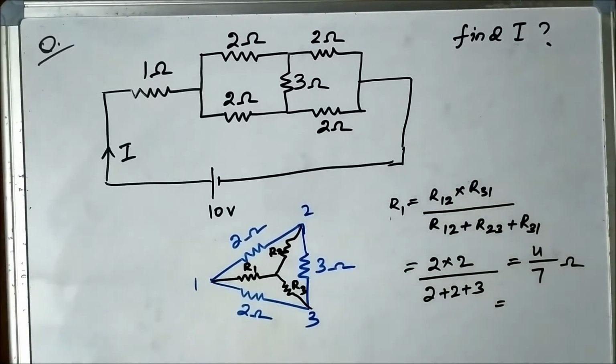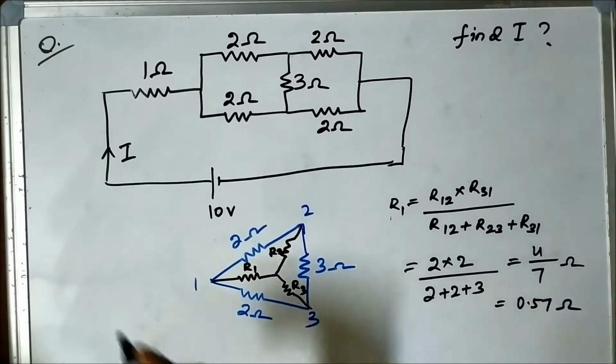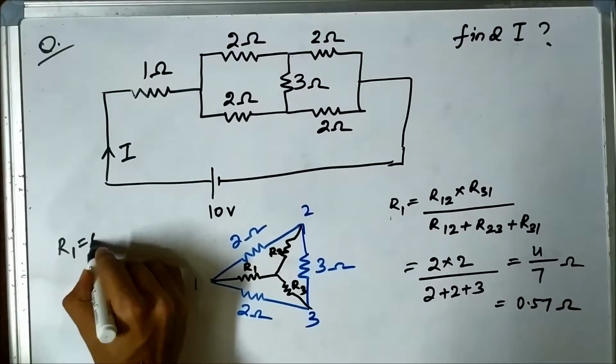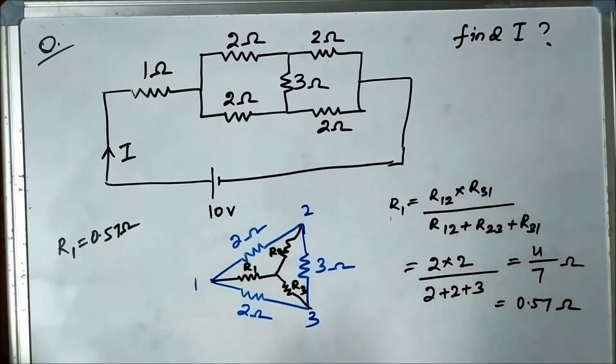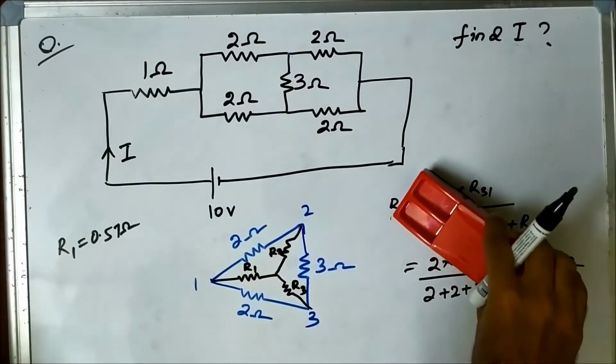Let us convert it into decimal form. 4 divided by 7 equals 0.57 ohm. Let us write it down here: R1 is equal to 0.57 ohm. Now, let us calculate R2.